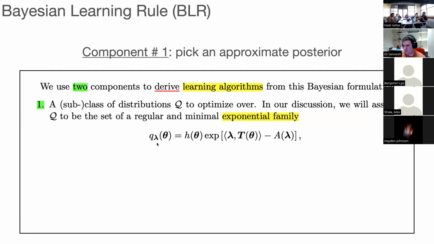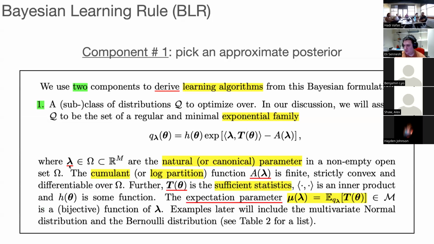So what's important is that lambda are the variational parameters, and if you express that in this canonical format, lambda is also called natural parameters, which is what we have here. So lambda are natural or canonical parameters that are multiplied in an inner product with sufficient statistics, T, and then A is the log partition function.